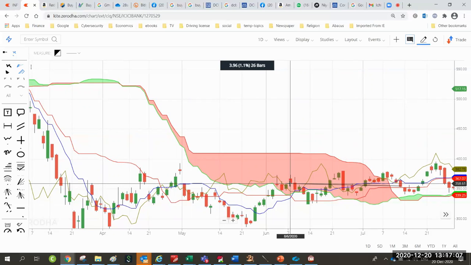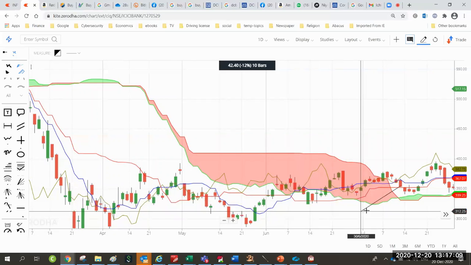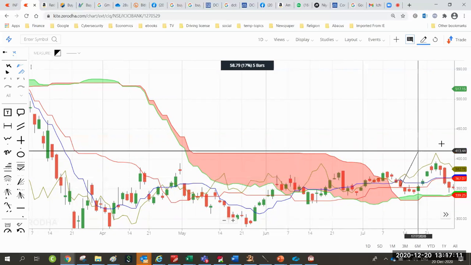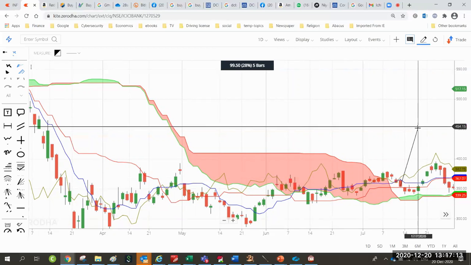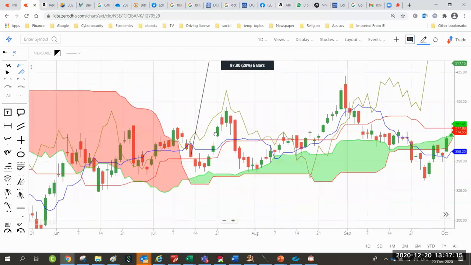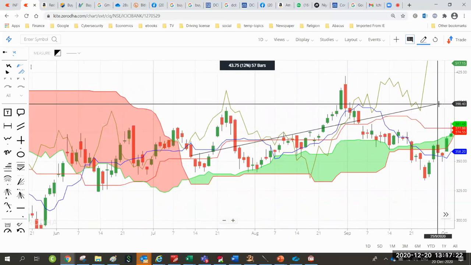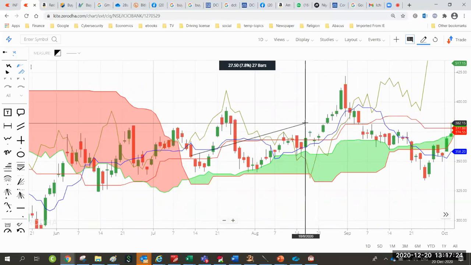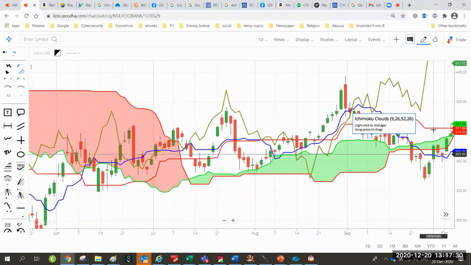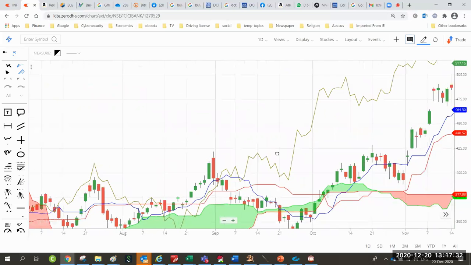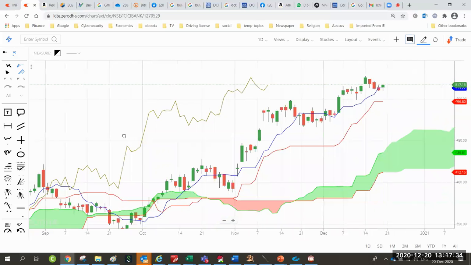Also you can see the Kijun line is a horizontal line, so this is not the right time to enter the market. So you have to check multiple parameters. The Kumo twist is a confirmatory signal, but not a major decision. Once you are very clear about the other things, then you will depend upon this one.